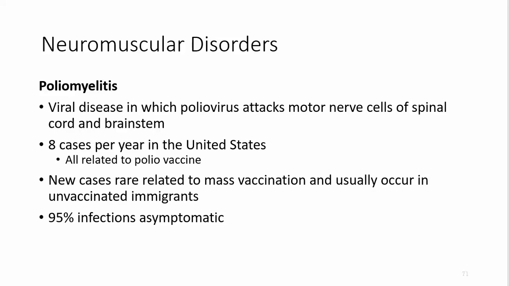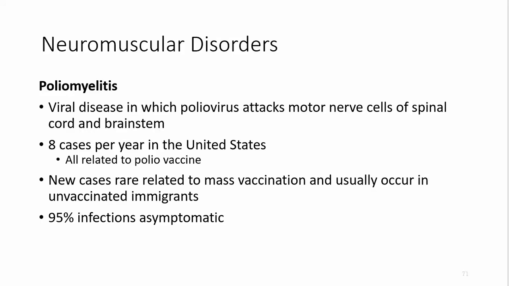So there's kind of like this whole idea of herd immunity in the vaccination right now, and that's a real good reason to maintain vaccination rates. The benefits far outweigh the risks to it. That's a whole other discussion that we could have at a later date.